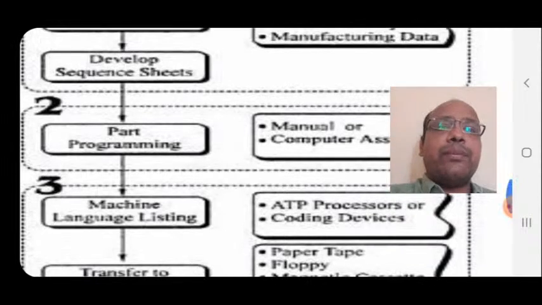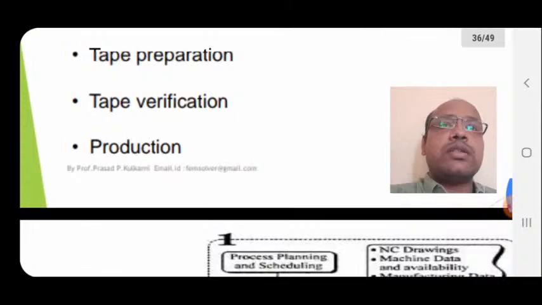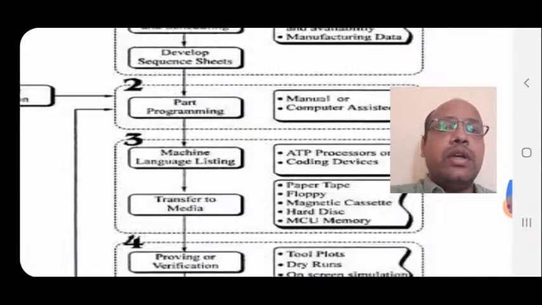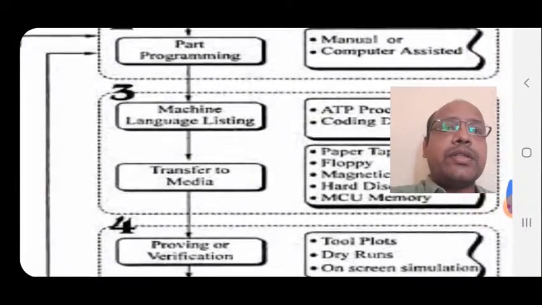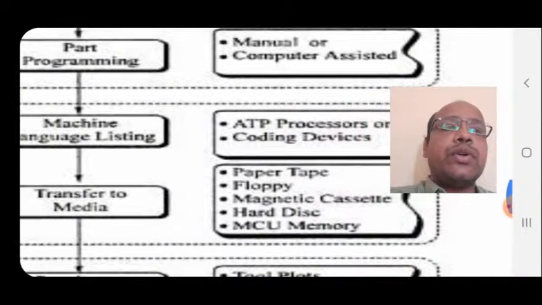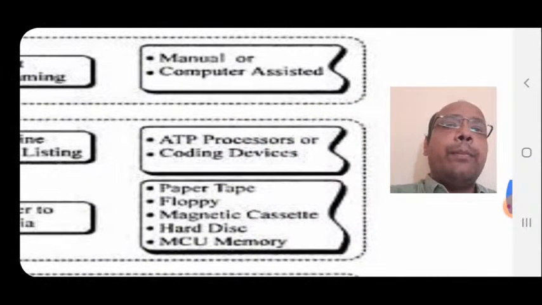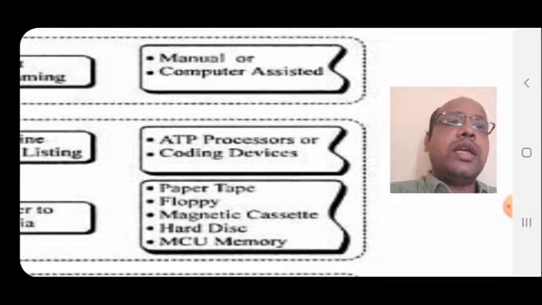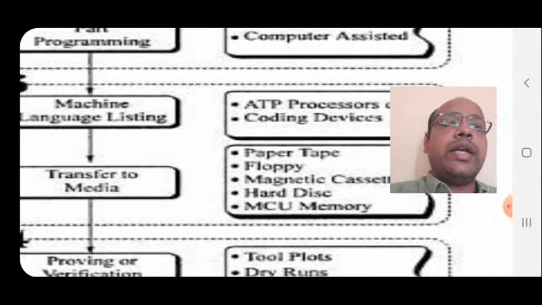Now the third step in the NC manufacturing system is tape preparation. What is tape preparation? It consists of machine language listing and transfer to a media. Machine language listing consists of an APT processor, or coding devices for preparing tapes.